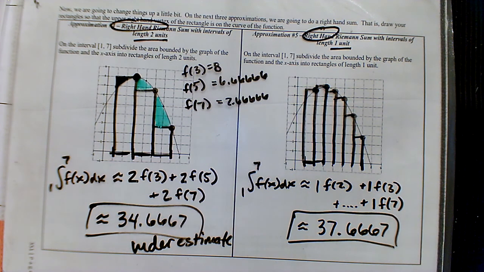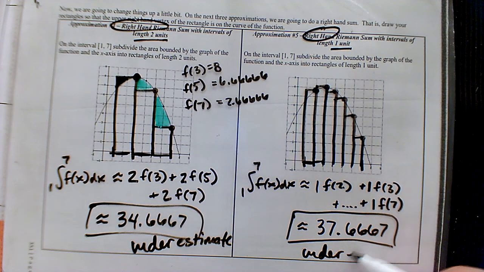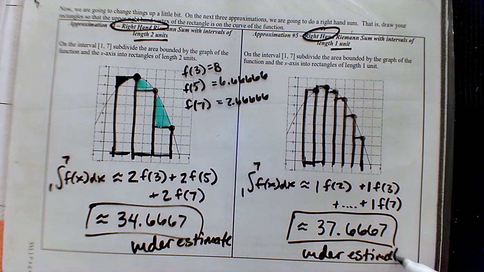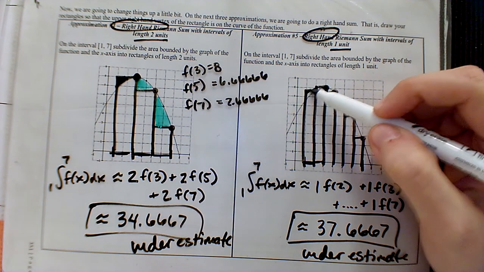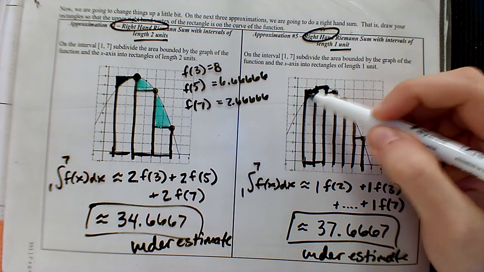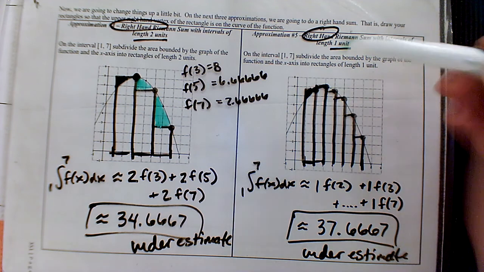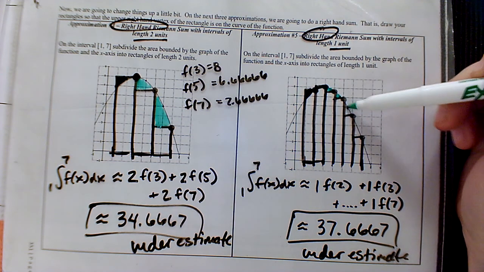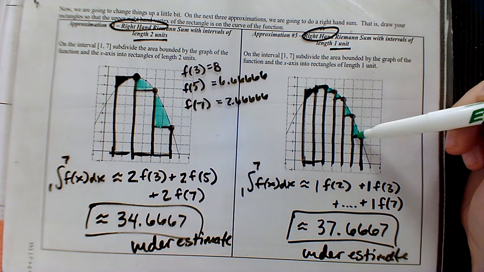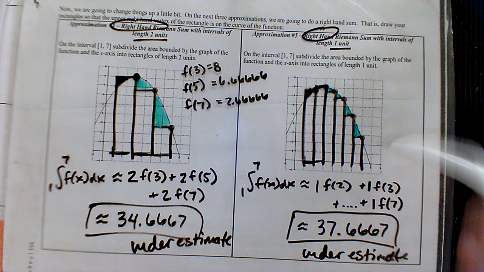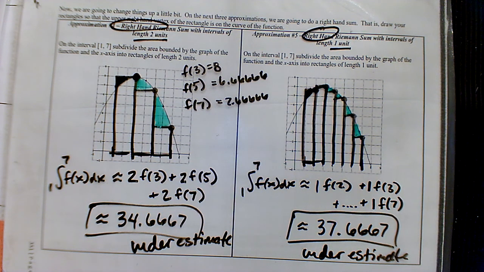Still under, but not by much. If you look at the drawing, the first few rectangles were overestimates, but the last few are definitely under. And if we compare those, it looks like I have more green than I do black. So definitely underestimate. Are we getting the gist of how these work?